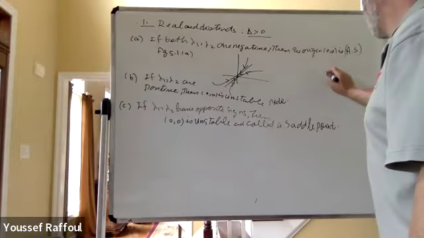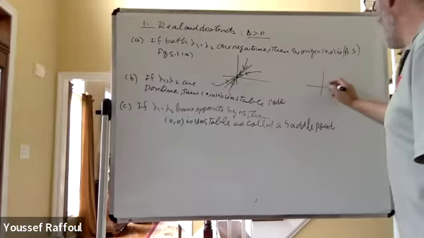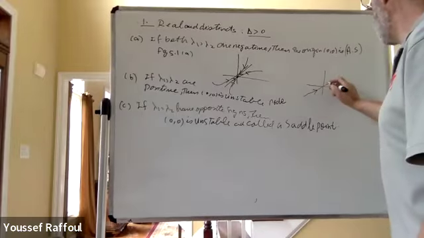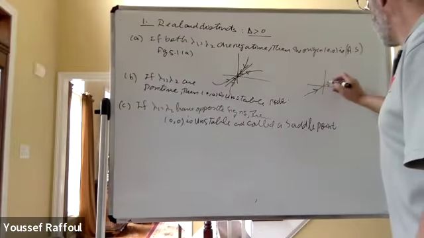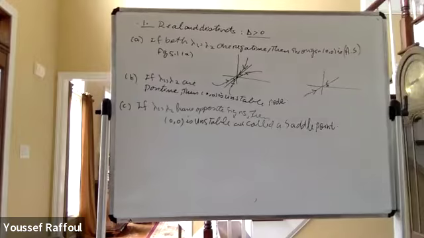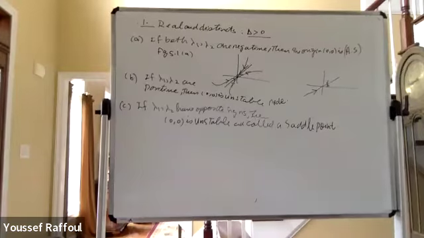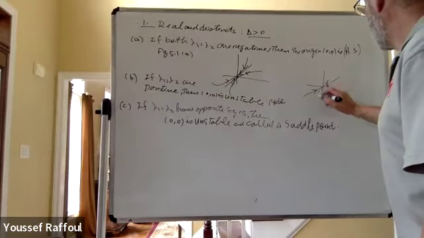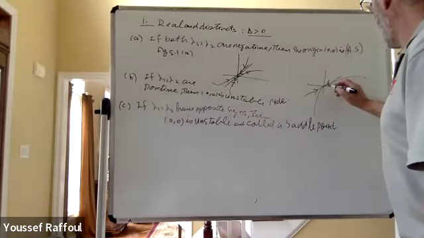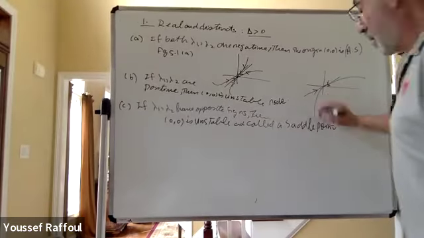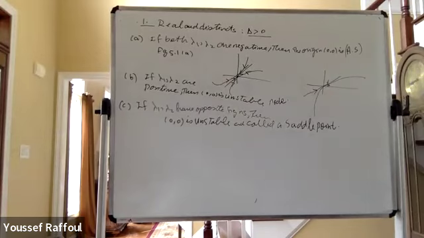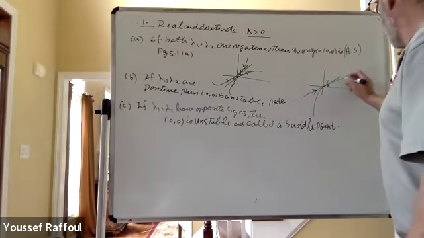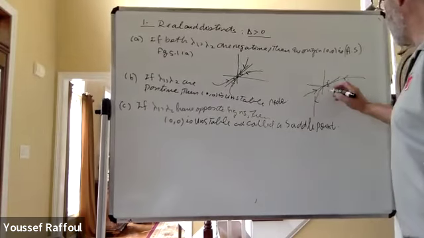So basically, for this case, you have one stable eigenvalue. That is this one. And then everything else, they will be coming like this and going out like that.